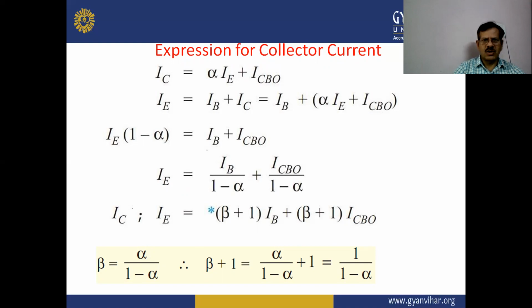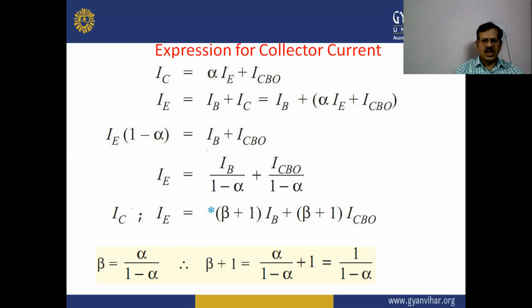So IE equals IB plus IC. Put the value of IC in this equation. So IE equals IB plus alpha IE plus ICBO. And we can find the value of IE. That will be IB upon 1 minus alpha plus ICBO upon 1 minus alpha.